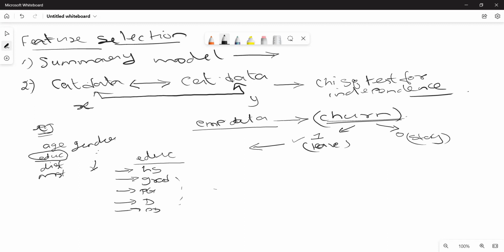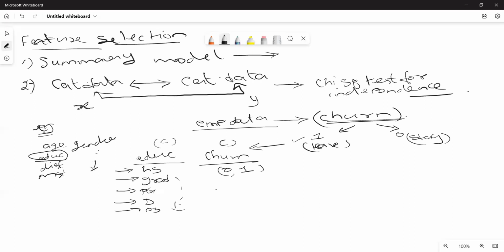So you have a list of values. Now, does education have any role to play in predicting the churn? So this is a categorical column. This is a categorical column.